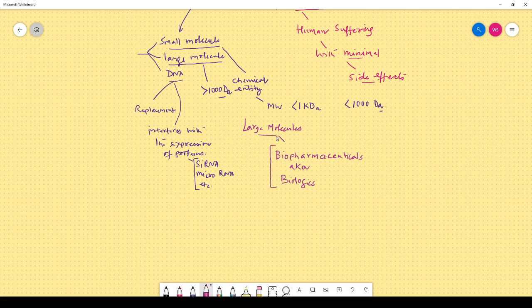So how are large molecules different from small molecules? In the method of manufacture.